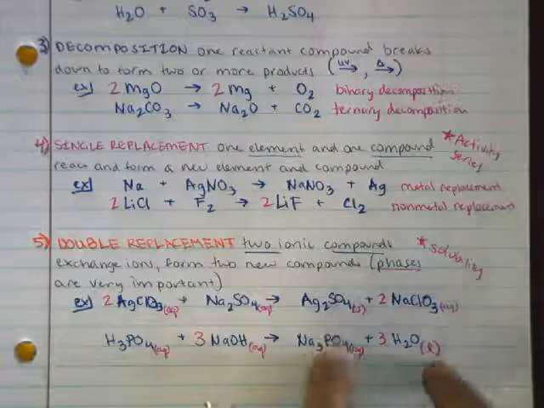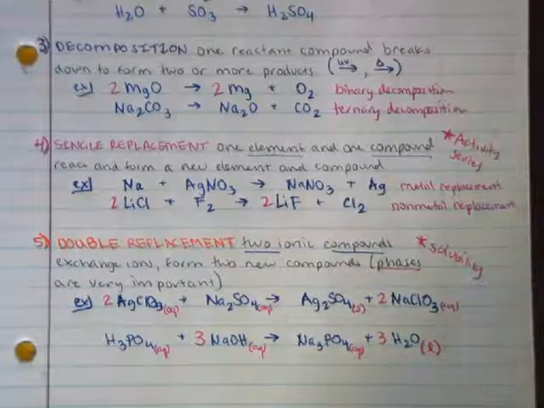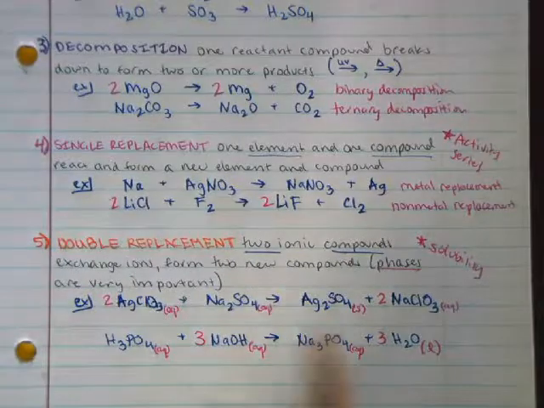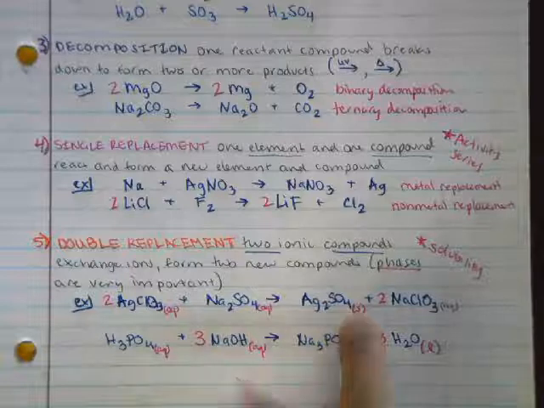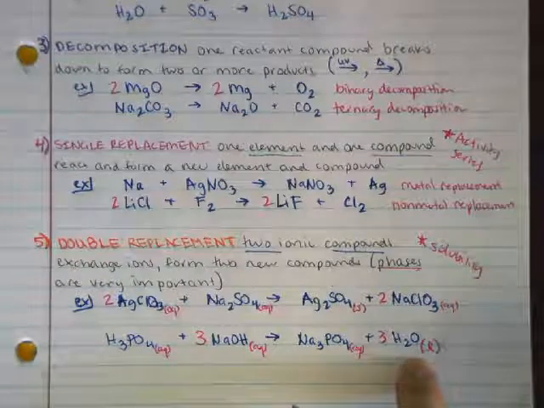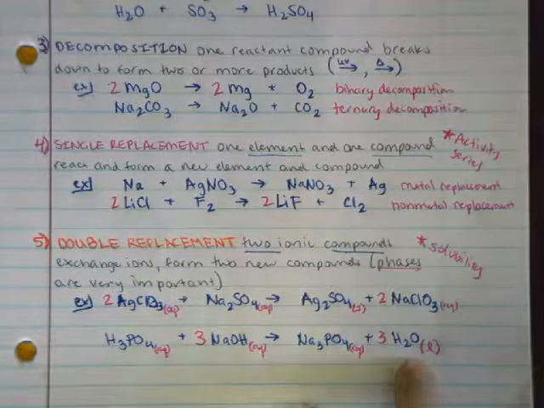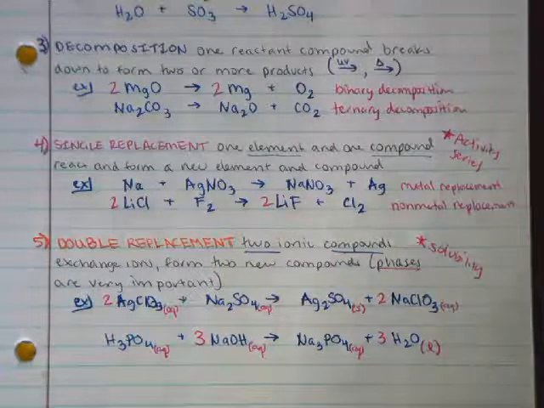On the product side, you need to have at least one thing that is not aqueous for the reaction to happen. So for this first example, it was the silver sulfate, which was in the solid phase. In the second example, the water qualifies because it was liquid and not aqueous. So you're creating something that falls out of the reaction that's no longer dissolved in the solution.